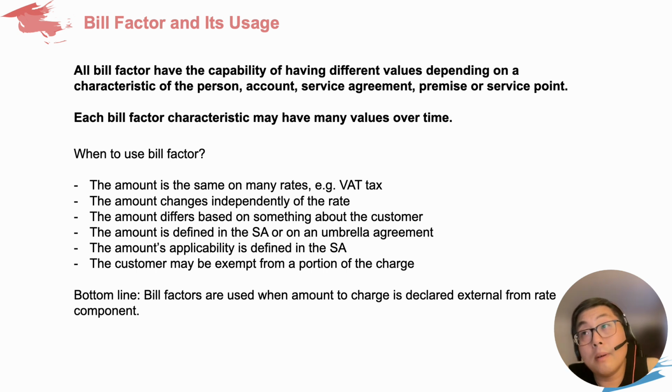And what is more important is the characteristic can carry different values over time. And this is how the bill factor value price can change over time. With the characteristic on the account, maybe the customer changes from residential to commercial this year.